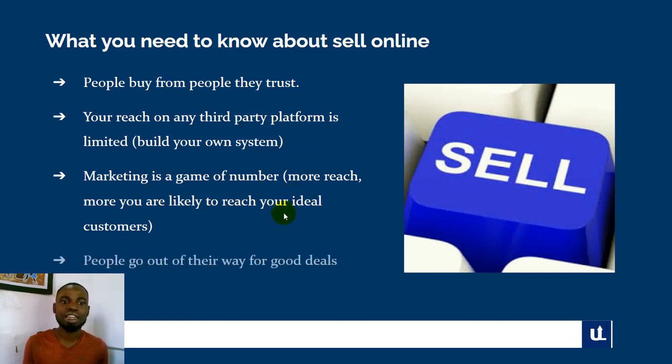So another thing here is that you need to know that people go out of their way for good deals. Okay, so if you are selling anything, you need to craft your offer to be very enticing. In selling digital products, the way we do that is to add an extra bonus behind your main offer.